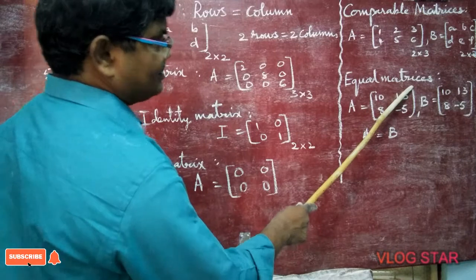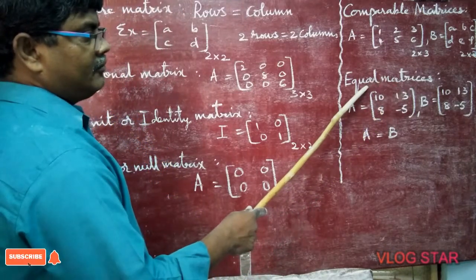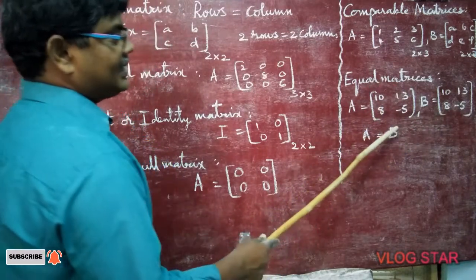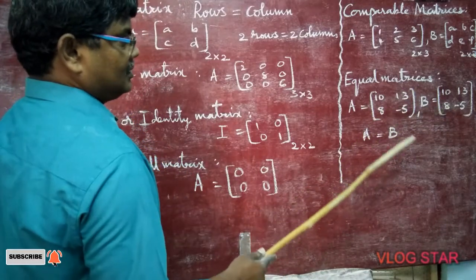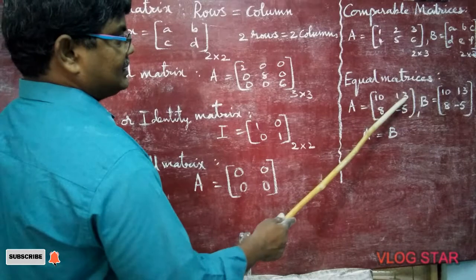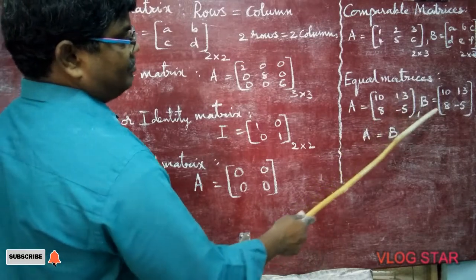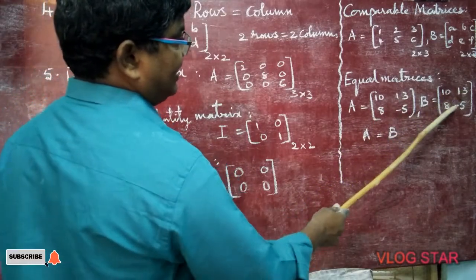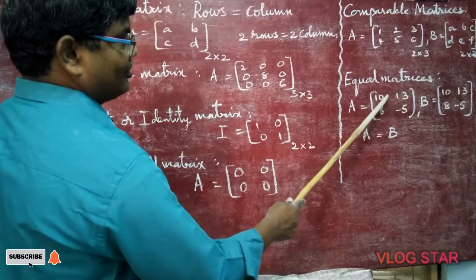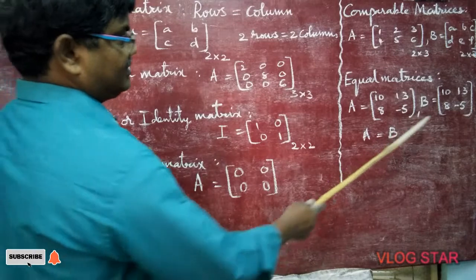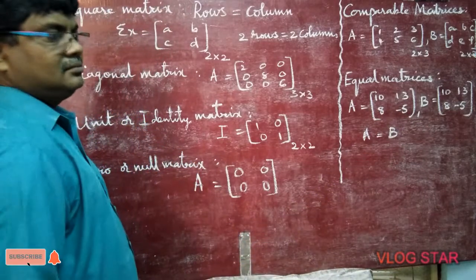Equal matrices, not matrix. To compare, two matrices should be there, the first and the second matrix. A is 10, 13, 8 and minus 5. B is also the same: 10, 13, 8, minus 5. You have to maintain that distance. Don't write near, otherwise it will look like 8 minus 5.